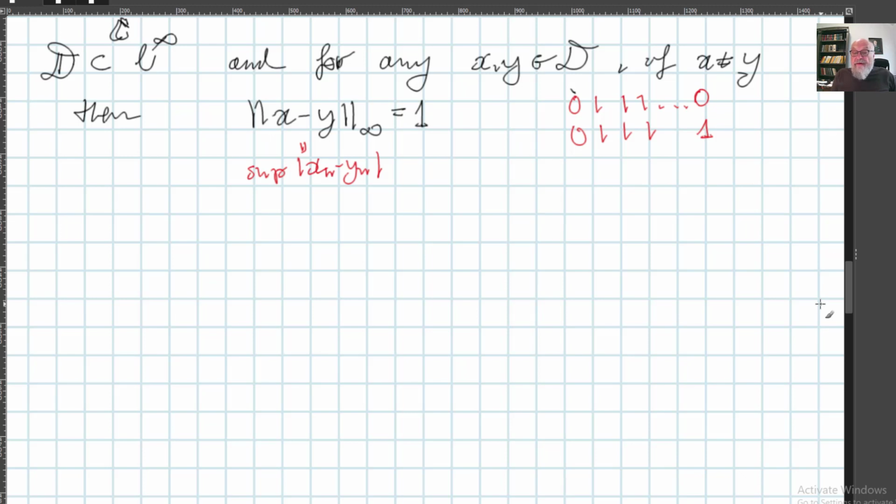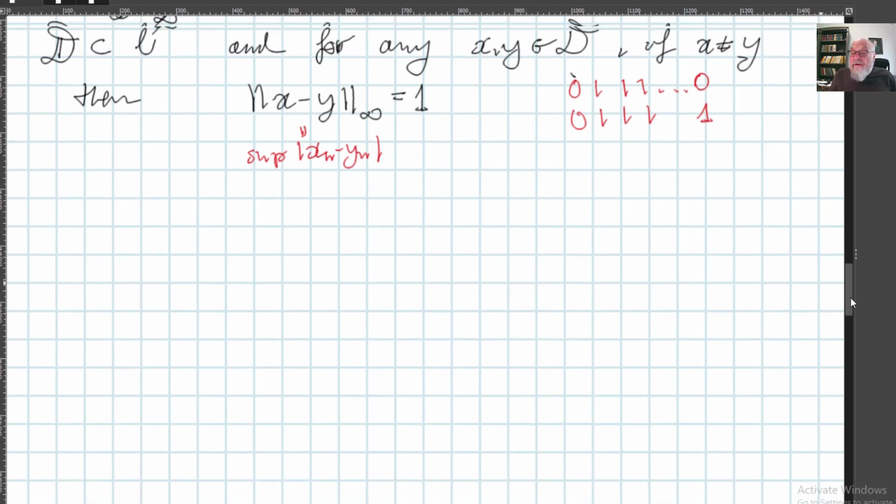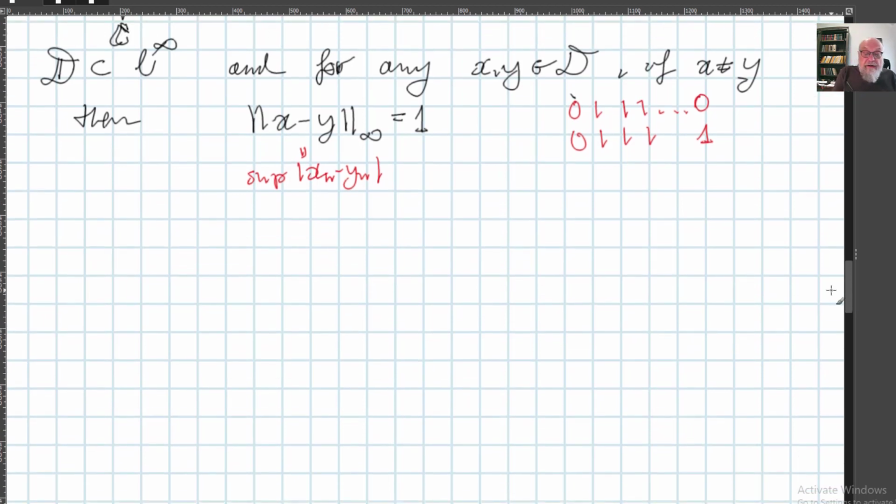And now, what can I say? Let's say we consider a cover of this. For every x belonging to D, let's say I take the open set Ux, which is the open ball of radius 1/2 centered at x.